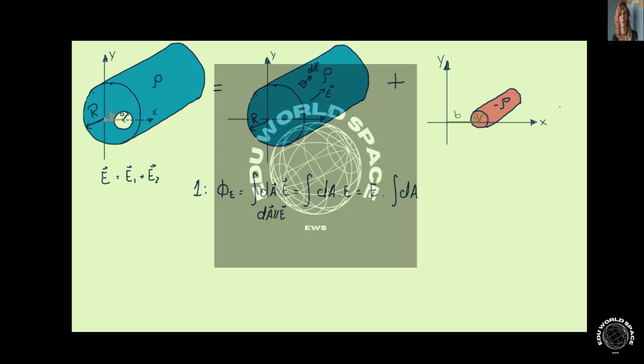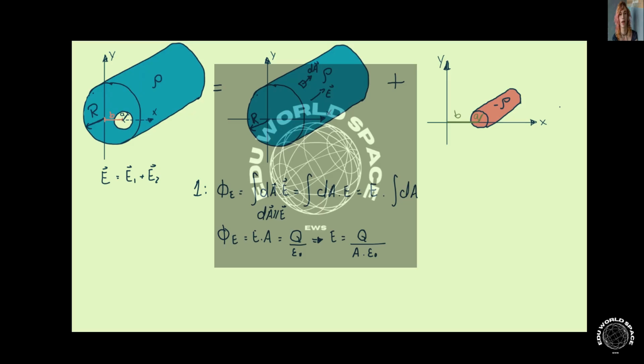Then the flux of electric field through the Gaussian is given by the magnitude of the electric field times the area of that Gaussian surface. At the same time, this is equal to the enclosed charge by the Gaussian surface divided by epsilon 0. Then, the electric field is given by the enclosed charge divided by the area of the Gaussian surface times epsilon 0.